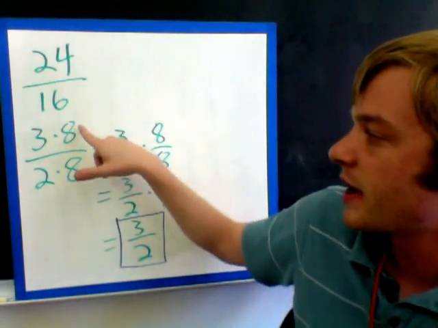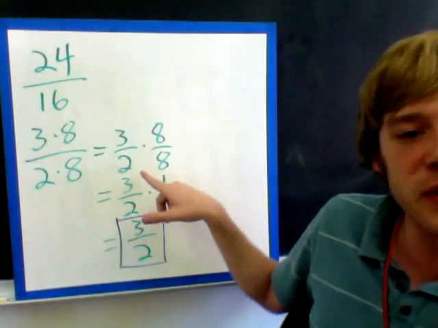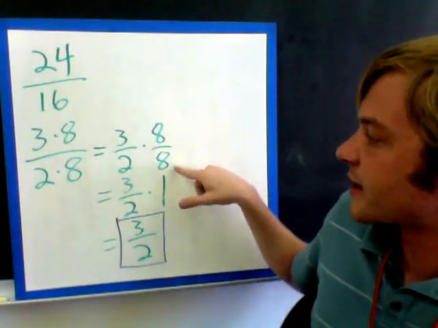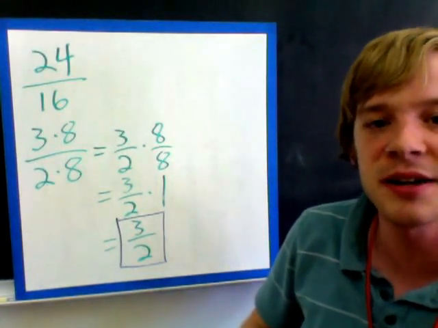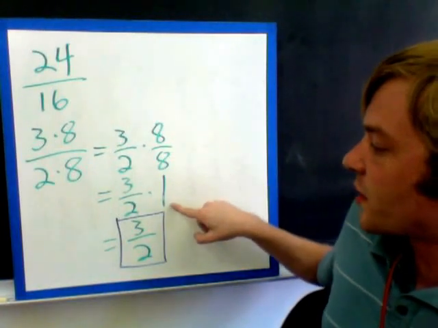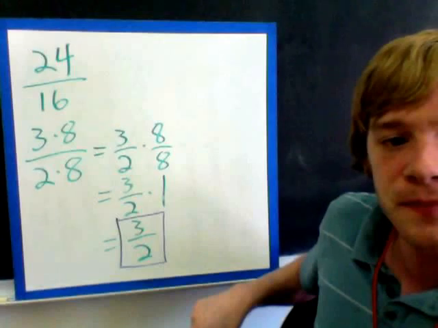Well, if we have 8 in both the numerator and denominator, this is the same thing as 3 halves times 8 over 8. Well, we just said that any number divided by itself is 1, so that 8 over 8 will go to a 1 right here, and the 3 over 2 will stay at 3 over 2.